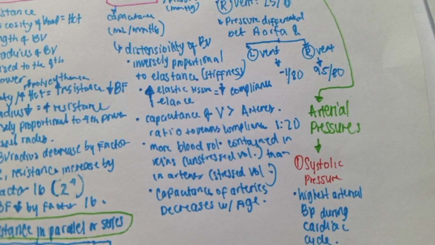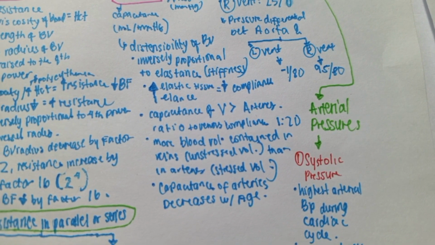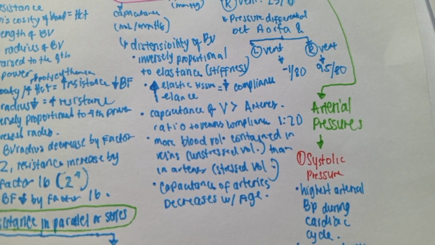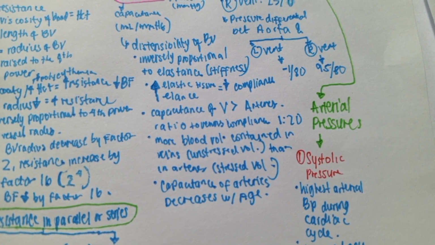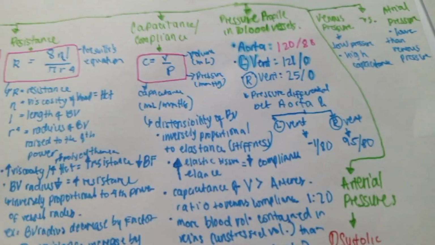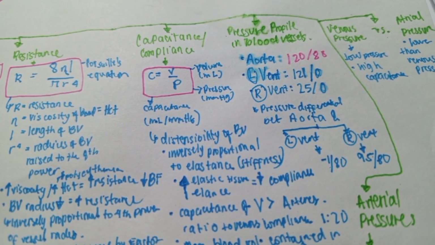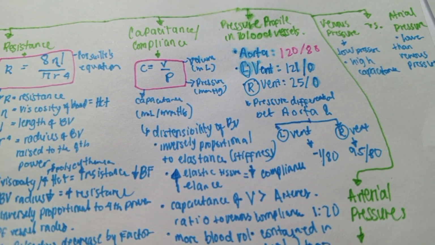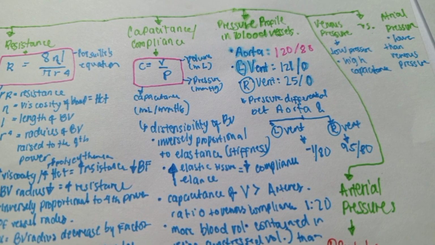So there is more volume contained in veins, there will be an unstressed volume in veins, than the arteries, which has the stressed volume. And the capacitance of arteries decreases with age. So that's the capacitance or compliance. So the more elastic the tissue is, there's decreased compliance.